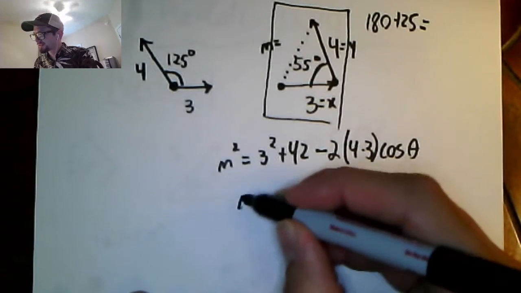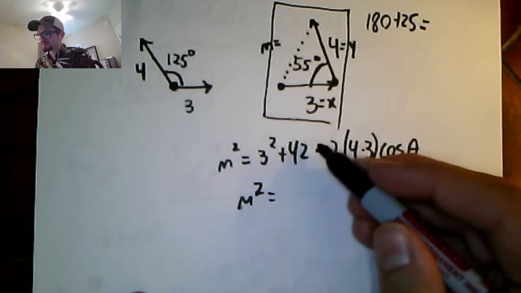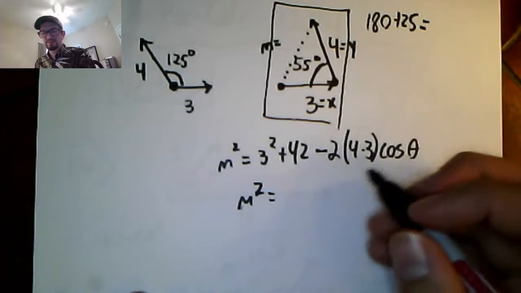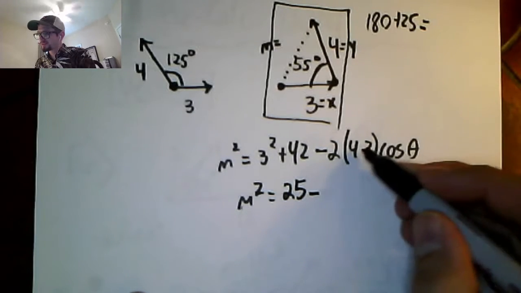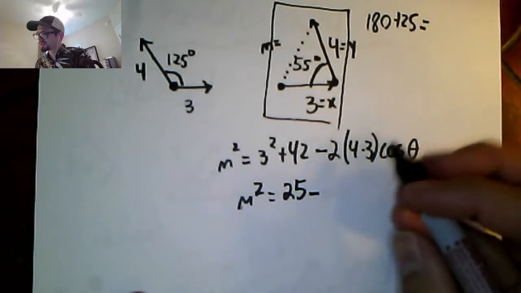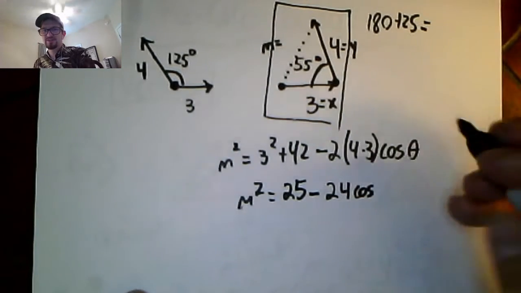Simplify this. M squared equals 3 squared is 9, 4 squared is 16, 9 plus 16 is 25, minus 4 times 3 is 12, 12 times 2 is 24, cosine of the angle I just found, which is 55.